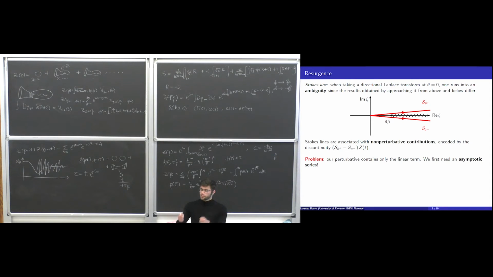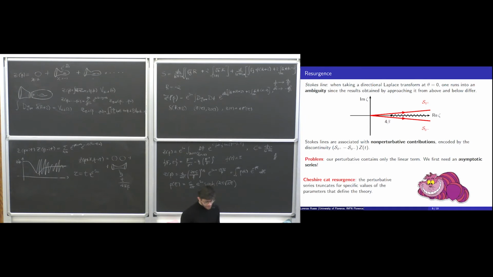We could perform the resurgence program on it, and then at the end, once we have the non-perturbative result, we can turn the deformation off and read the result for our undeformed theory, our physical theory. And this is actually what happens.